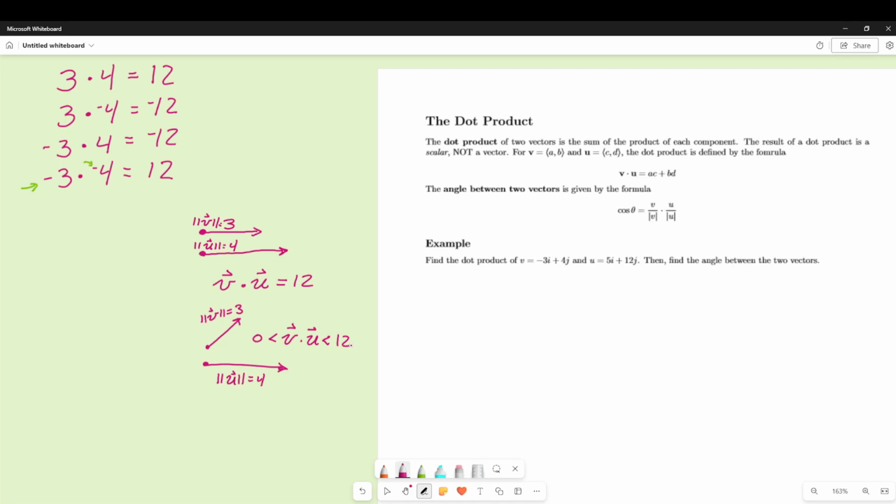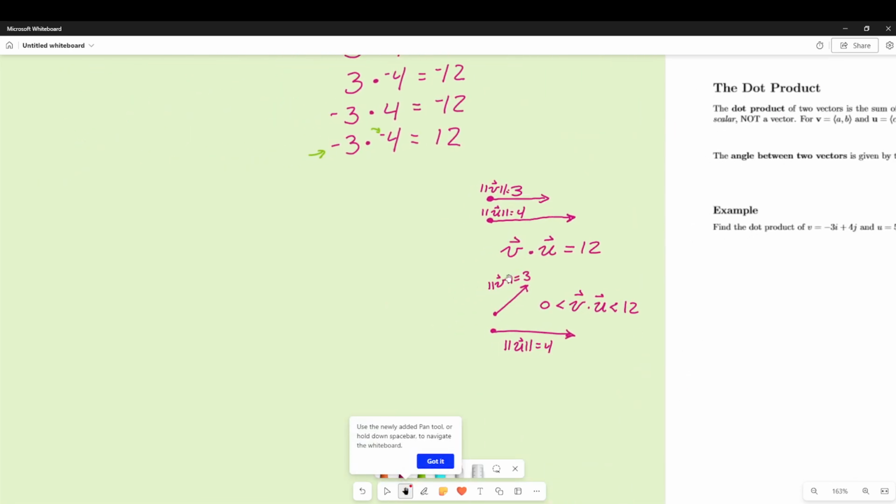There's going to be some loss to it. And in a second, we'll talk about finding exactly what it is, depending on the vectors. But the key is that we get that loss because they're not working exactly in line with each other.